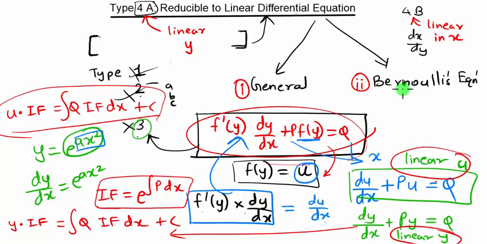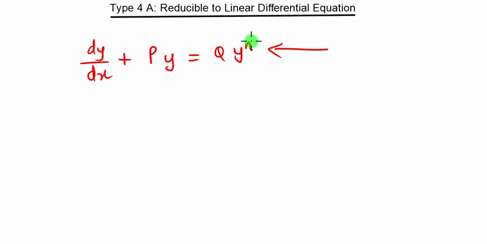There is one more type, which is Bernoulli's equation. So what is Bernoulli's equation? Bernoulli's equation is dy by dx plus p into y equal to q into y raised to n. Whenever our equation is in this form, then it is called Bernoulli's equation.